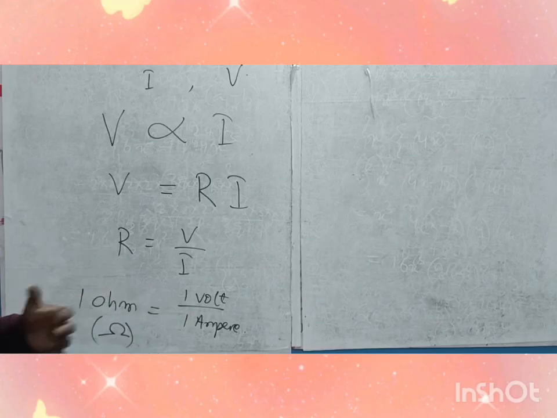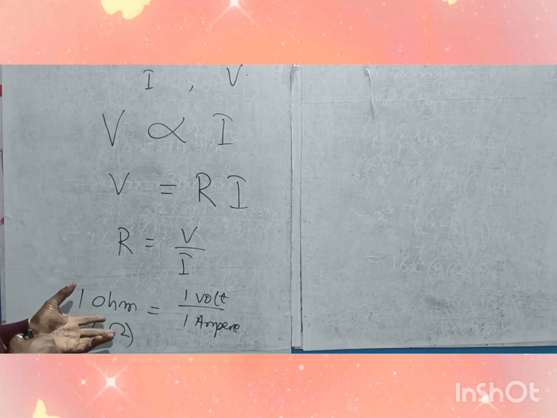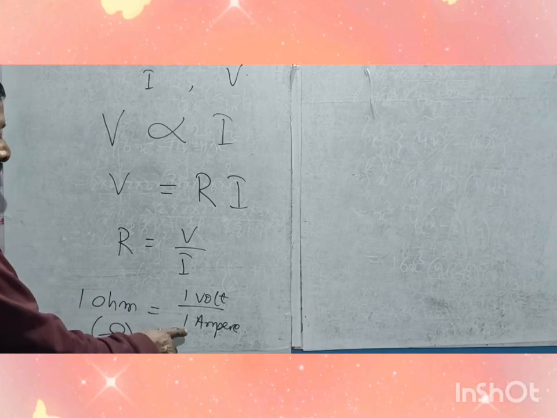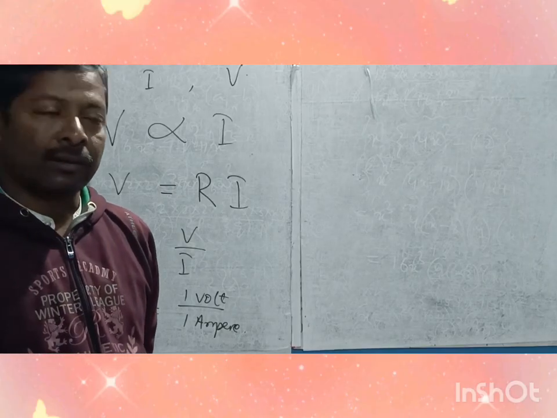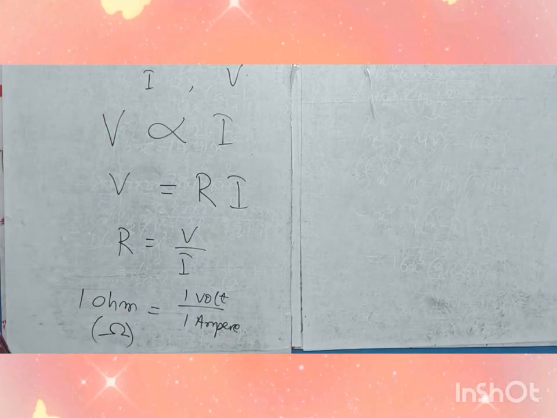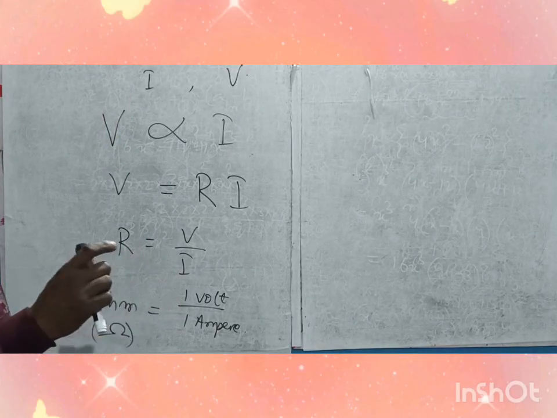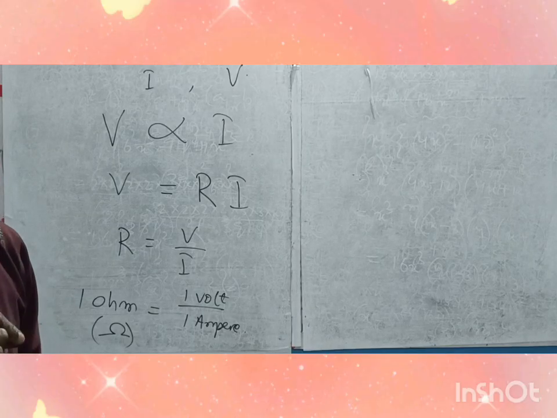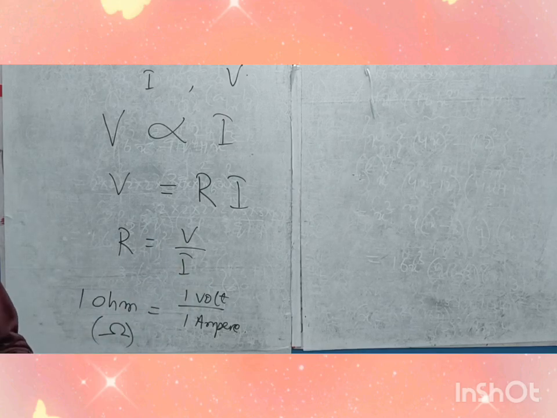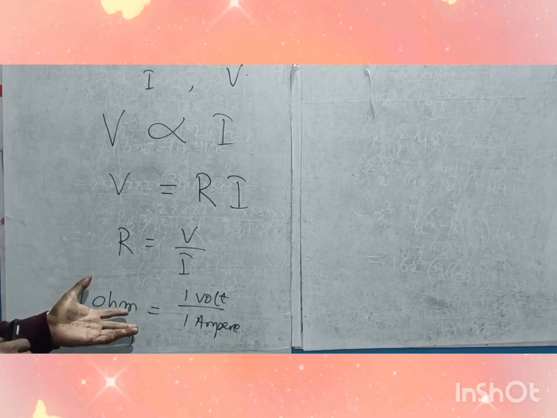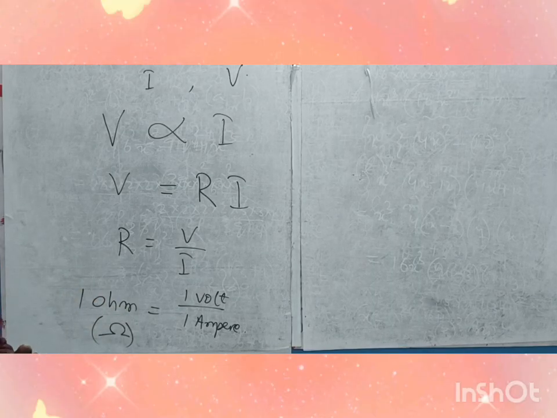You can define it here. 1 ohm is that amount of resistance when 1 ampere current is flowing through a conductor between 2 points, and the potential difference between those 2 points is 1 volt. You can express it in a sentence and you get the answer without memorizing it. If you understand it properly, then nothing to memorize.